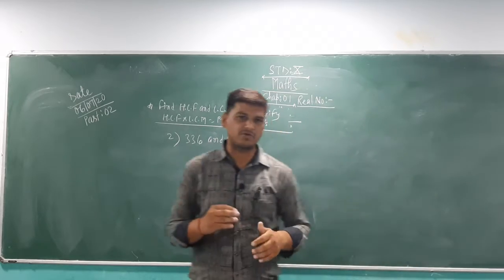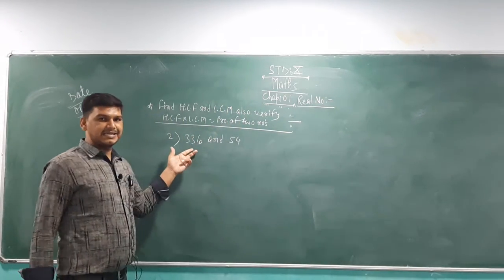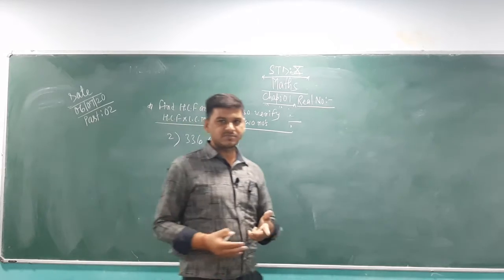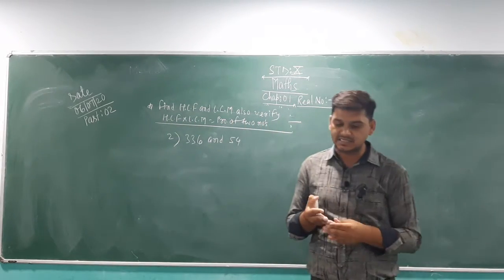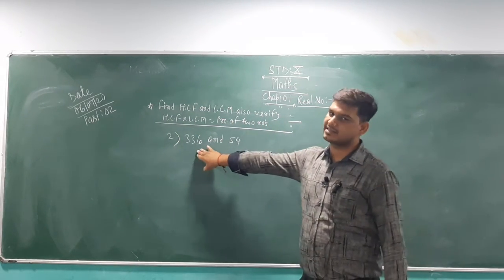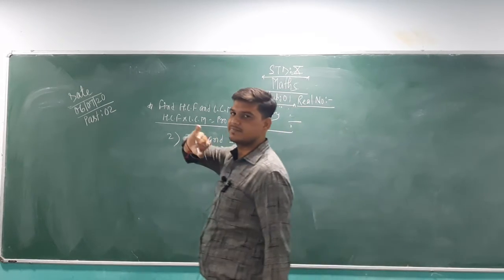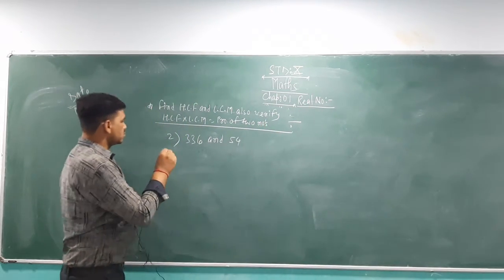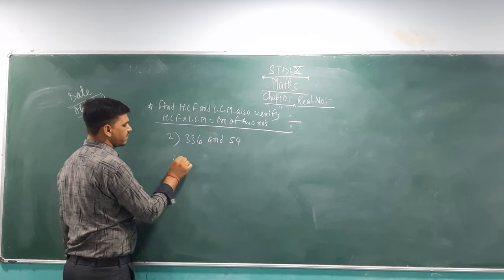Now how can we find out? I know that 16 into 3 into 7, 16 into 21. If you multiply 16 into 21, that will be 336. So I will convert it into a form of prime factors.